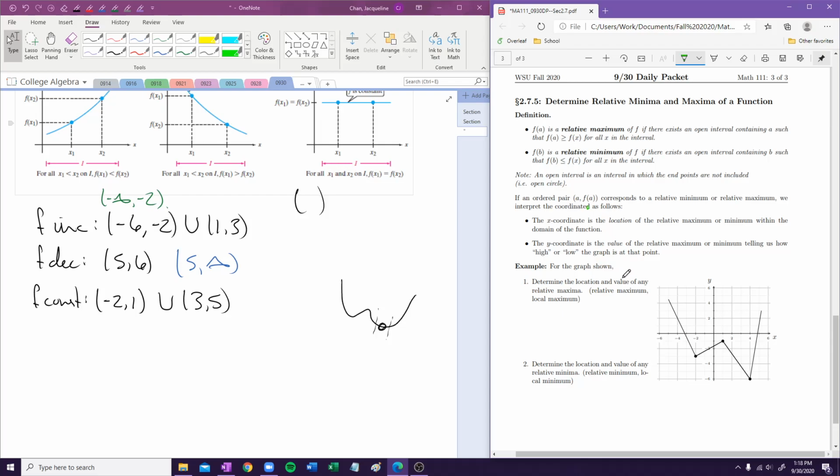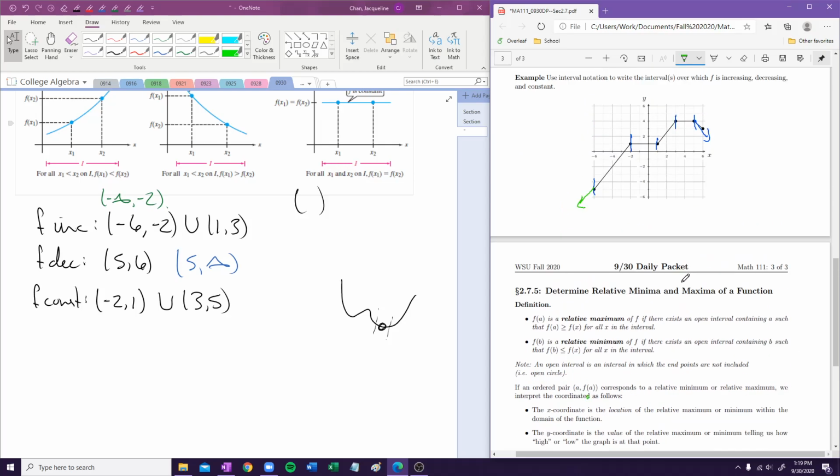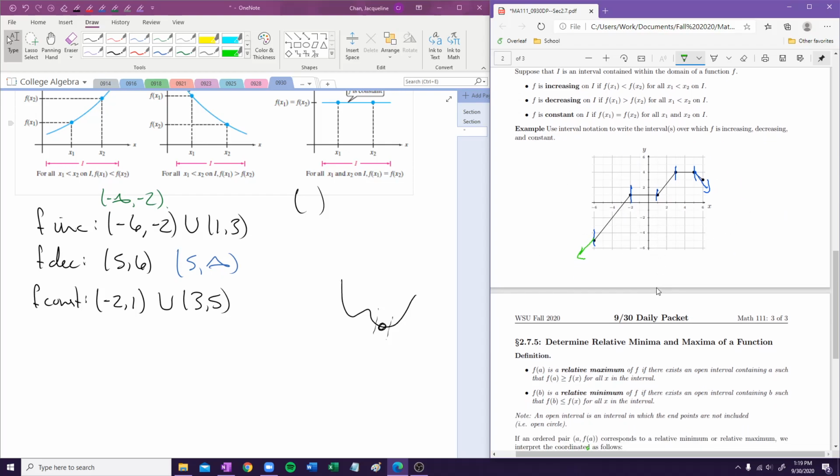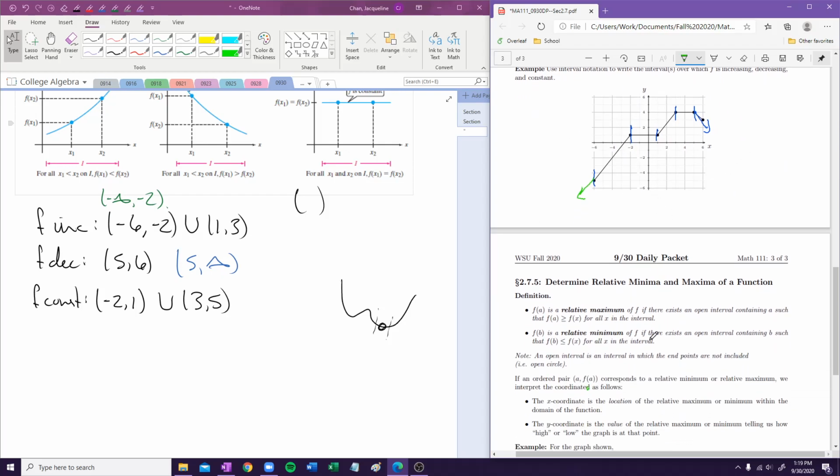The x-coordinate is considered the location of the relative maximum or minimum within the domain of the function. The y-coordinate is considered the value of the relative maximum or minimum, telling us how high or low the graph is at that point.